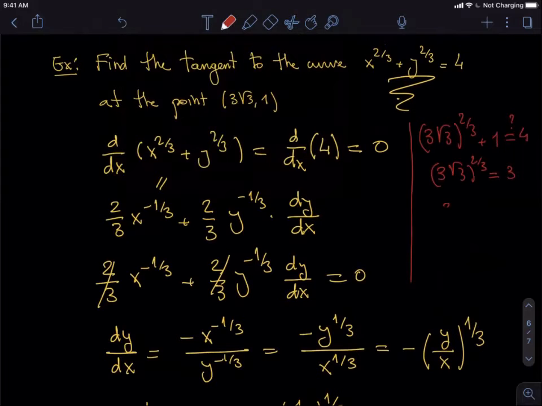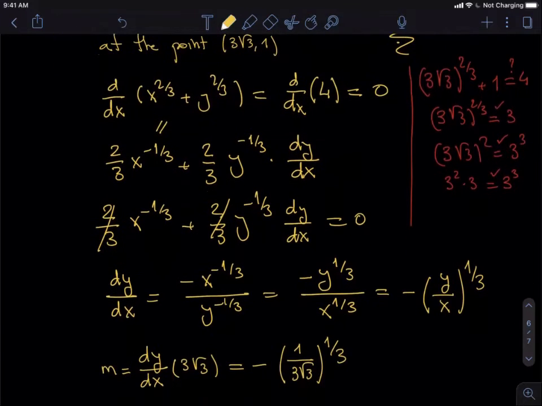That means 3 square root of 3, squared, equals 3 to the power 3. And this is 3 squared times 3, which is 3 to the power 3. So we are good. This means the point is on the curve. This is something important to check because it may happen that the problem is not correct.